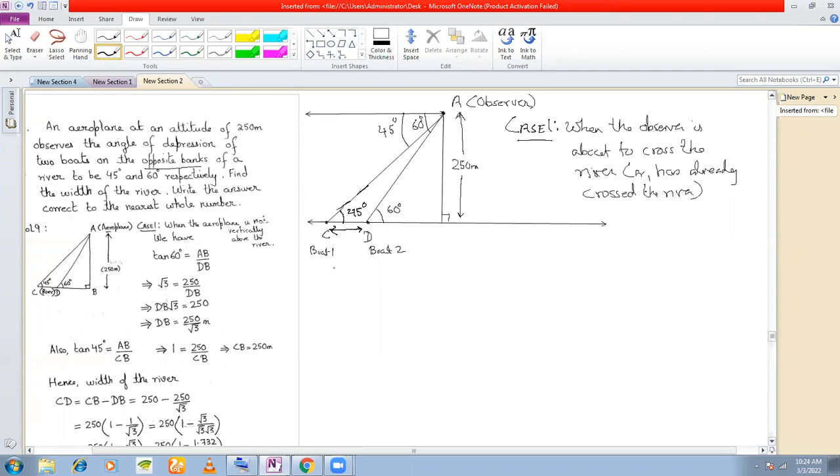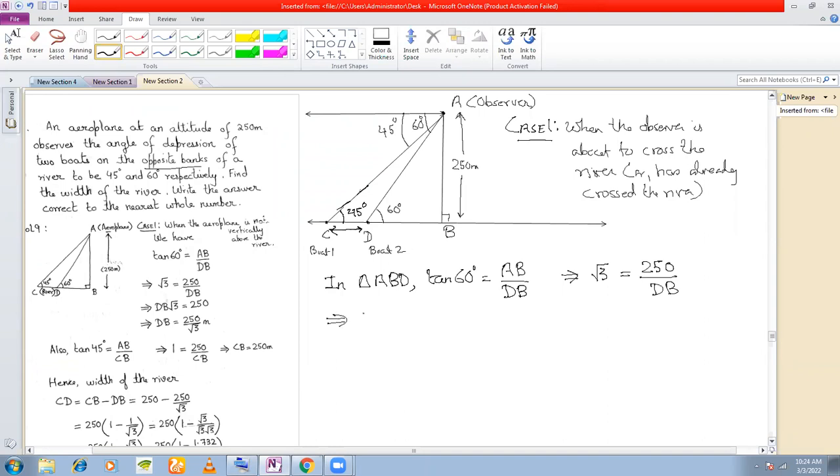We will solve anyway. First of all, we'll call this point B. In triangle ABD, tan 60 is equal to AB by DB. Tan 60 is root 3. AB is 250. And we can find out DB from here, right?